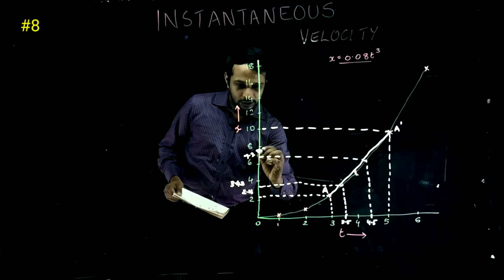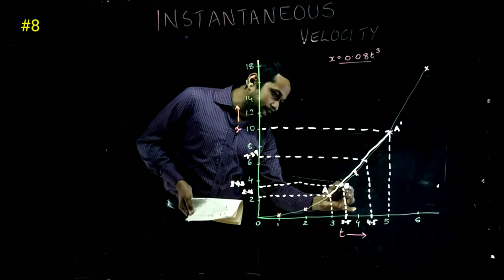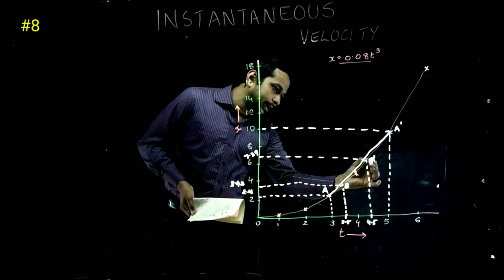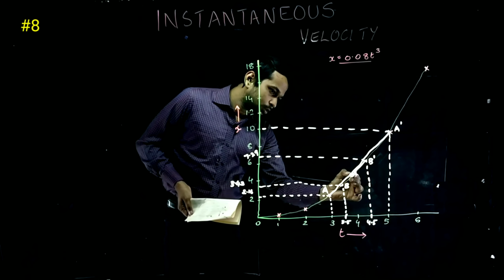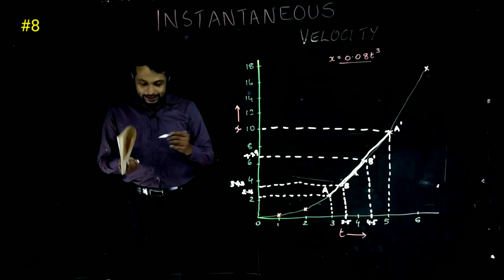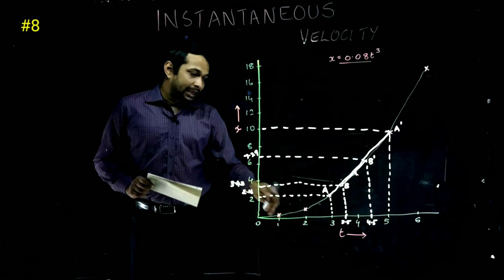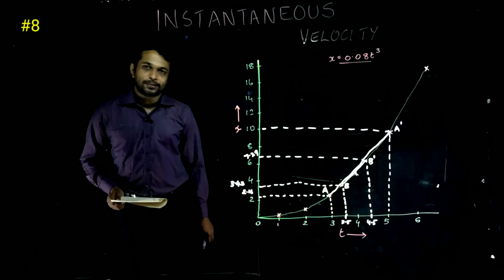And what should we do now? We have to join these 2 points, right? This B and B dash. Make a straight line. Okay, in this case you will get the velocity between the time 3.5 and 4.5.